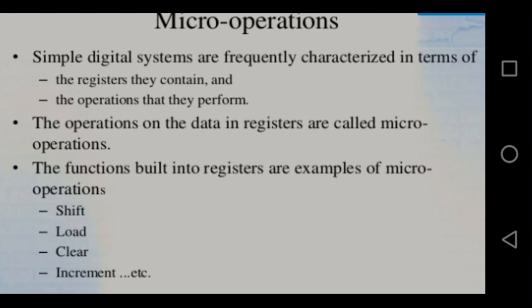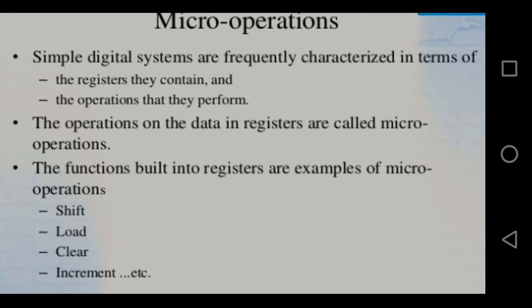The program counter contains some address, so we have to go and fetch the instruction present at the memory location specified by the program counter. That is another micro operation, and incrementing the program counter value so that it points to the next address is another kind of micro operation.